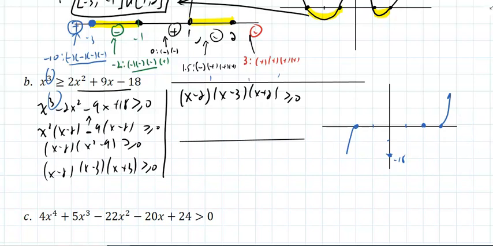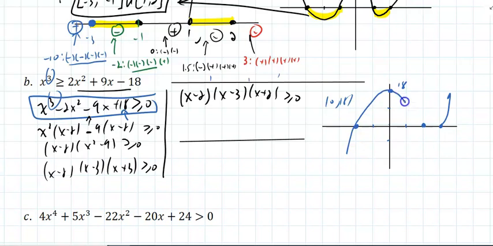I'm sorry. The y-intercept is 0, 18. So, multiplicity is 1 on every one of these zeros. There it is. Where's this graph bigger than or equal to 0?